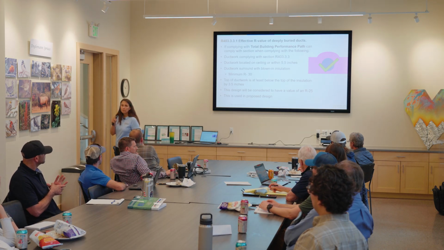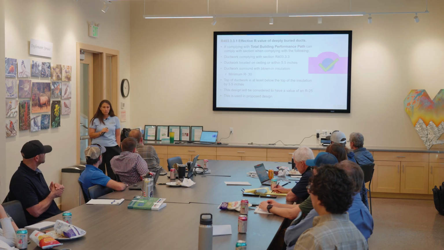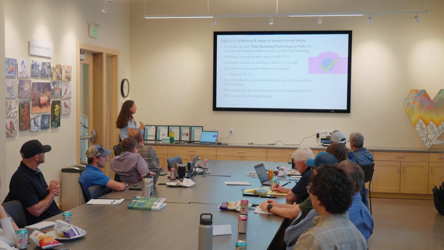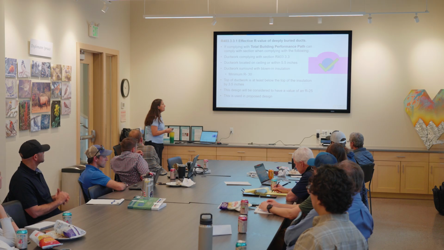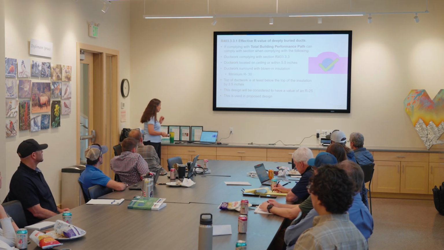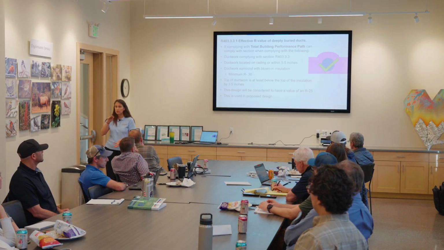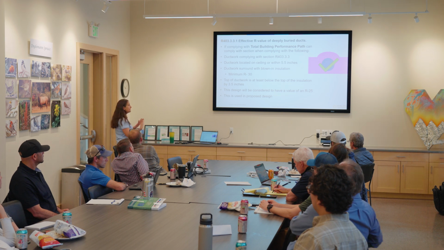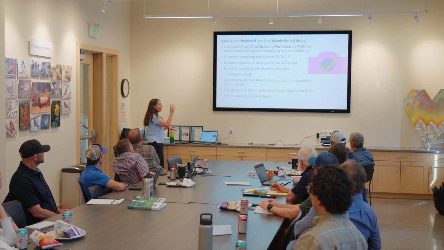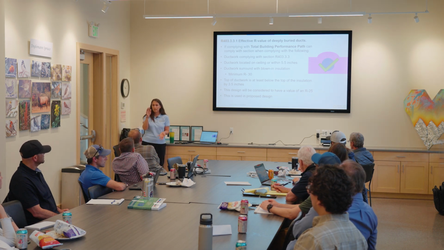You are not permitted to trade it down in the performance path below that R30. And you are required to have at least 3.5 inches of insulation below the ductwork and above the ductwork. So it doesn't matter, there's not an R value there, it's inches that's being quantified in this particular one.